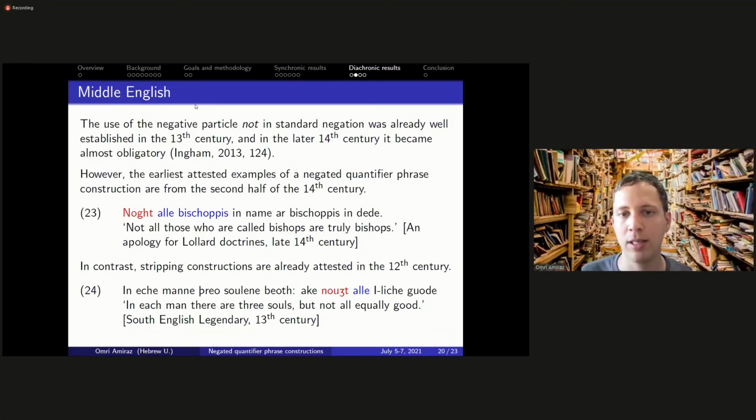If the source text uses one construction and the translation uses another, then I take it as good evidence that this construction was indeed used in the language.